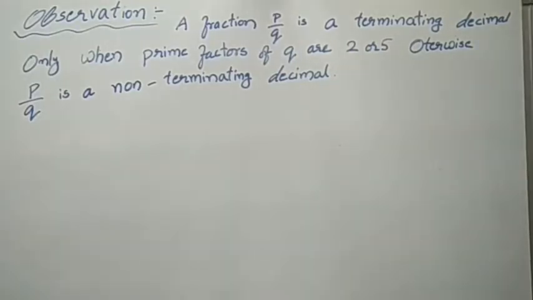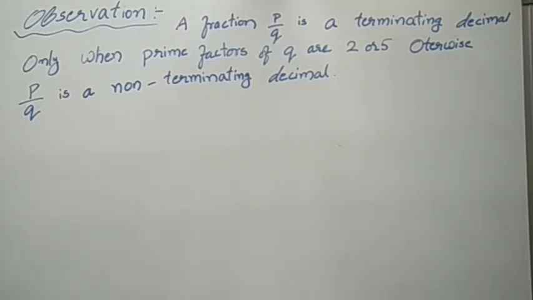From the observation we can conclude that a fraction p by q is a terminating decimal only when the prime factors of q are 2 or 5. Otherwise p by q is a non-terminating decimal.